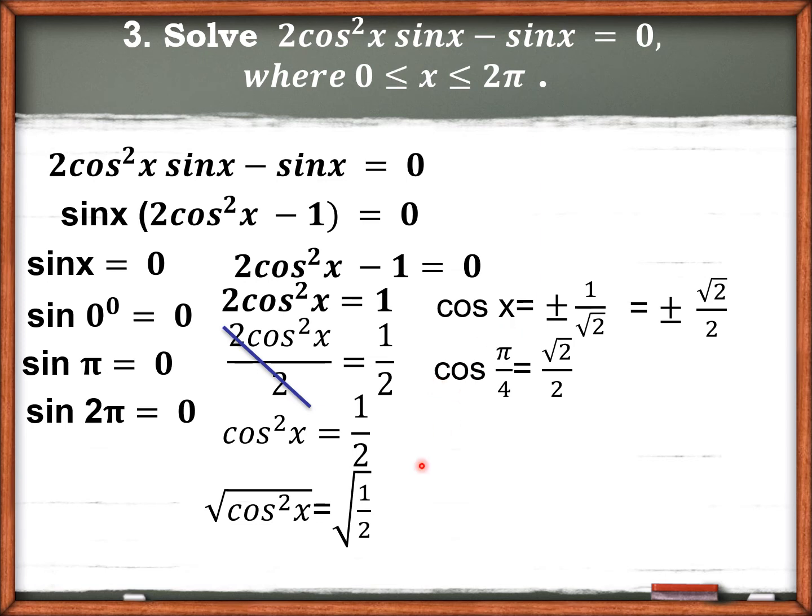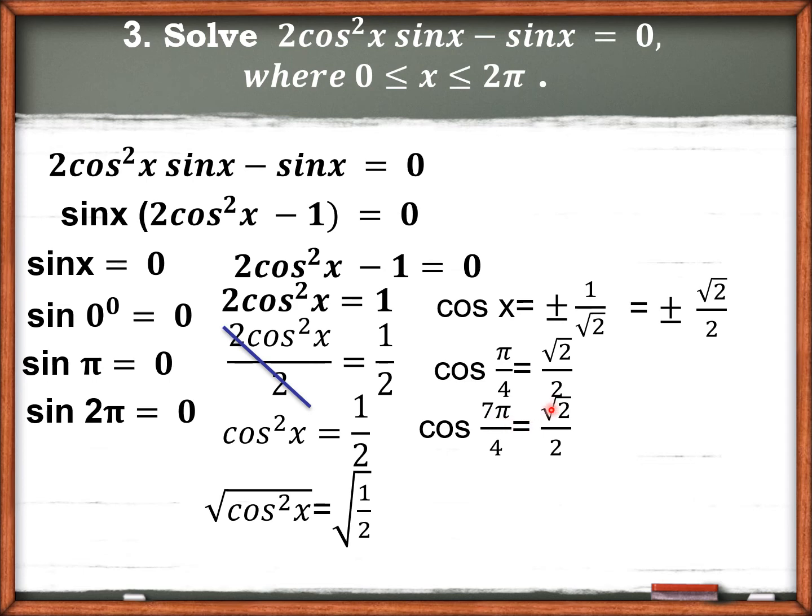Pero may isa pang quadrant na kung saan positive din si cosine. And we know that that is quadrant 4. So, hanapin natin yung counterpart ni 45 degrees sa quadrant 4. And that is 315 degrees. Or in radian measure, that is 7 pi over 4. That's 180 divided by 4, that's 45, times 7. That is 315. Square root of 2 over 2 din yun.